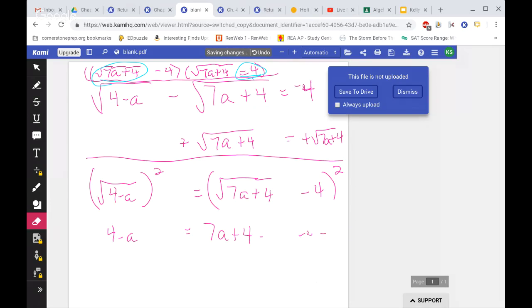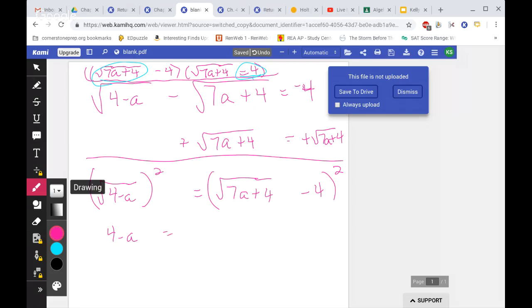I'm just going to back this up. -4 times root 7a plus 4.